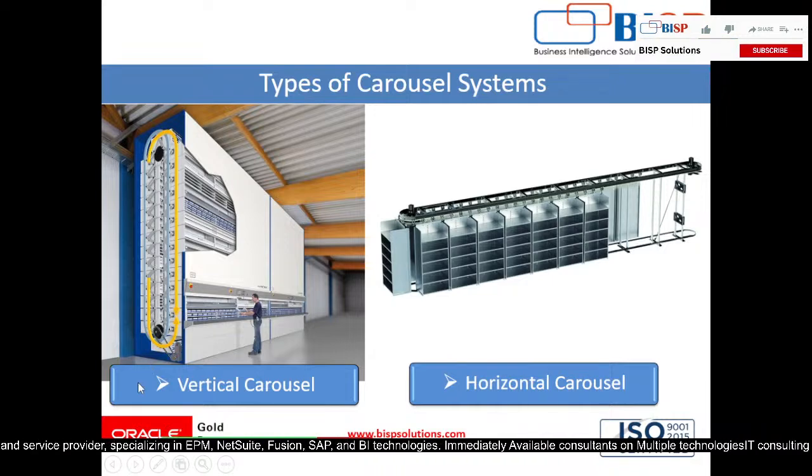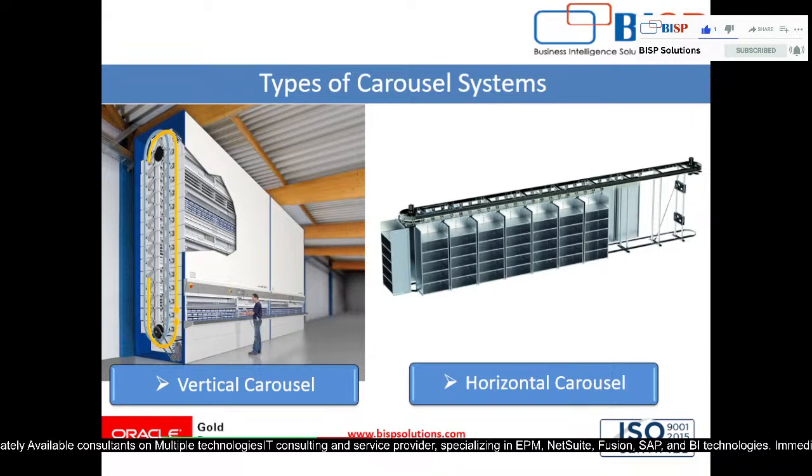In the same way we have the horizontal carousel. The horizontal carousel systems are the original carousel systems, and a series of bins are supported, moving along a track via a series of yokes. These bins contain multiple shelves in which goods are stored.